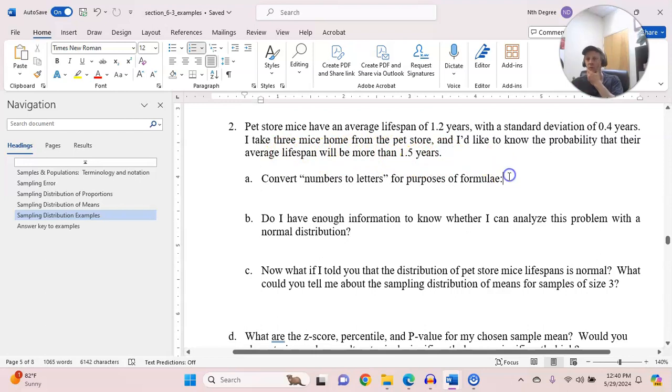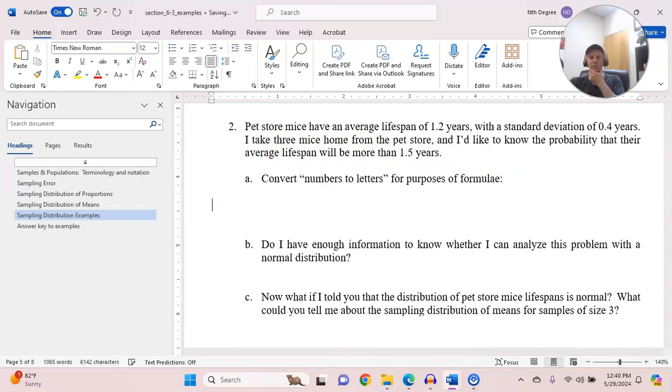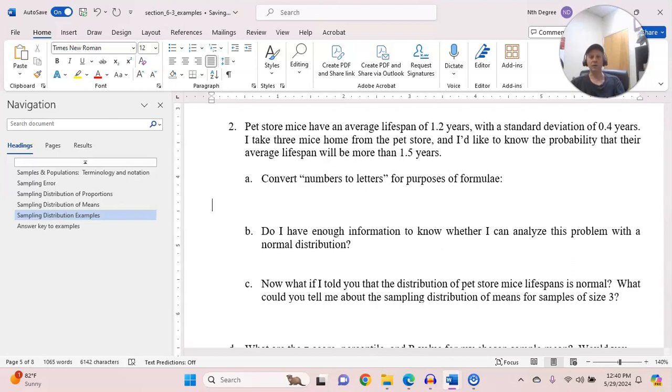Before we dive into a problem like this, we really have to make that language connection. We need to be making the connection between the plain English and the technical terms with their appropriate symbols. That's basically one of the biggest challenges in this class for many students. I call it turning numbers into letters.